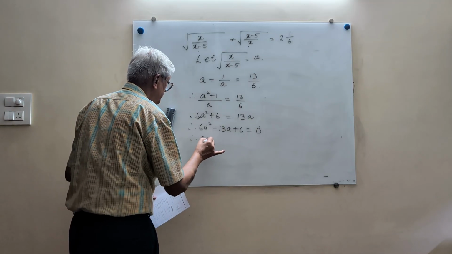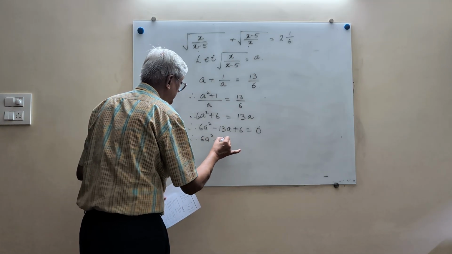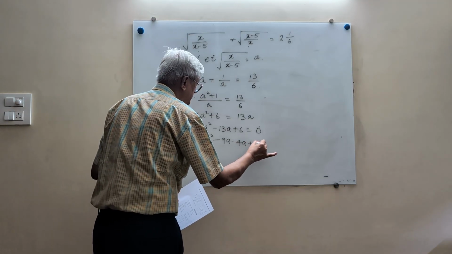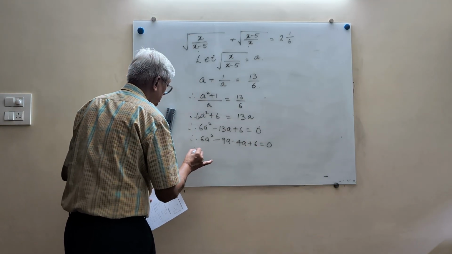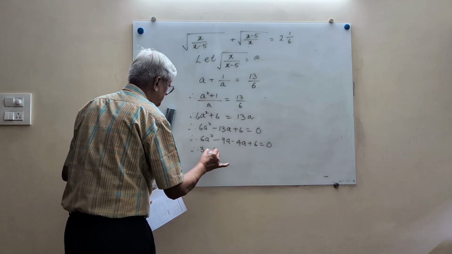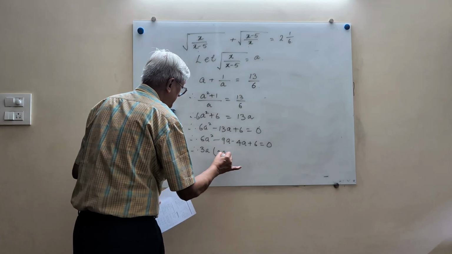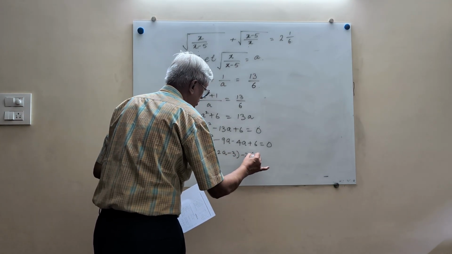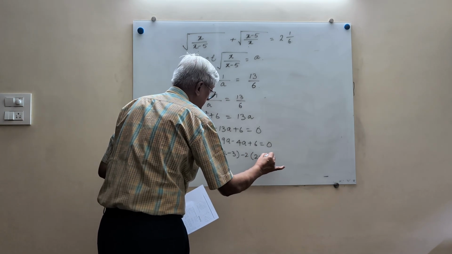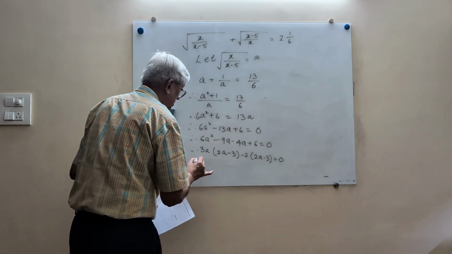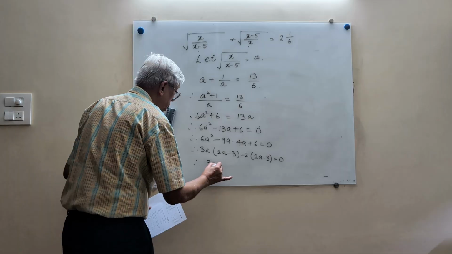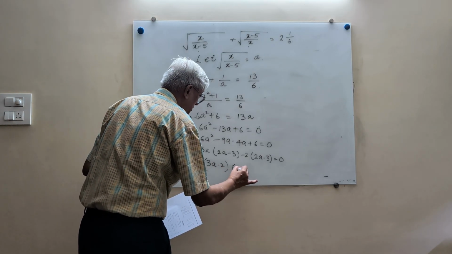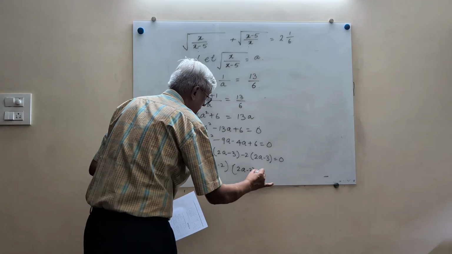Therefore, 6a squared minus 9a minus 4a plus 6 is equal to 0. Therefore, 3a(2a minus 3) minus 2(2a minus 3) is equal to 0. Therefore, (3a minus 2)(2a minus 3) is equal to 0.